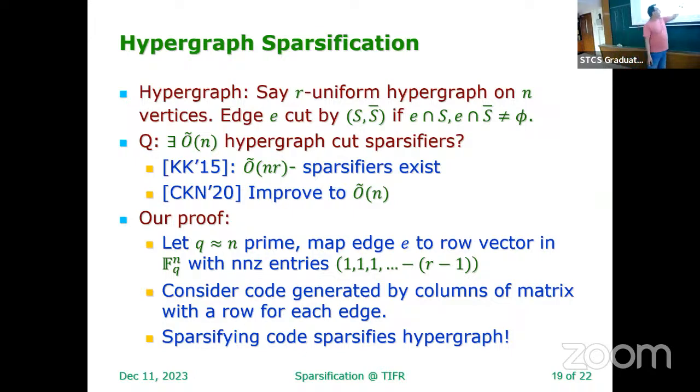So if you take any cut over here, which takes some of the ones and the other one takes the minus r minus 1 guy, there is no way this cut is going to have the vertices summing up to 0 mod q. The only way to get the edges summing up to 0 mod q is if you take all of these entries or none of these entries.